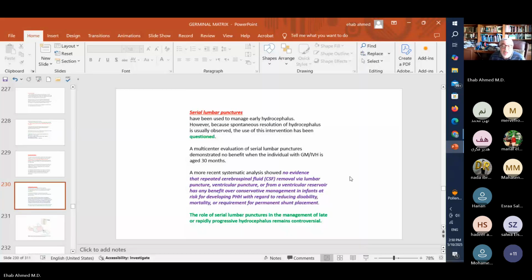A more recent systematic analysis showed no evidence that repeated CSF removal via lumbar puncture, ventricular puncture, or even from a ventricular reservoir has any benefit over conservative management in infants at risk for developing post-hemorrhagic hydrocephalus, with regard to reducing disability, mortality, or requirement for permanent shunt placement. This is one of the schools that denies it and just keeps the baby, and if the baby needs a shunt, well and good. If not, just wait and see.